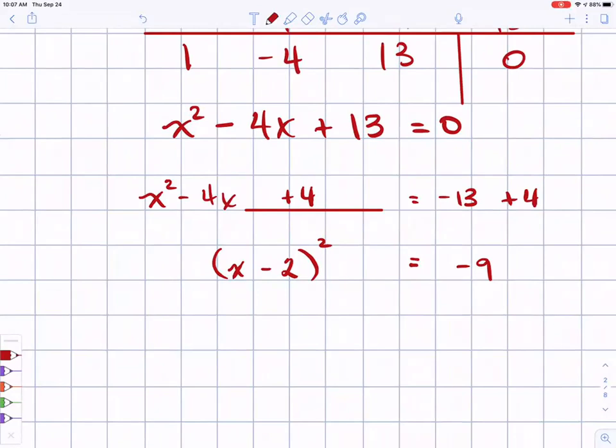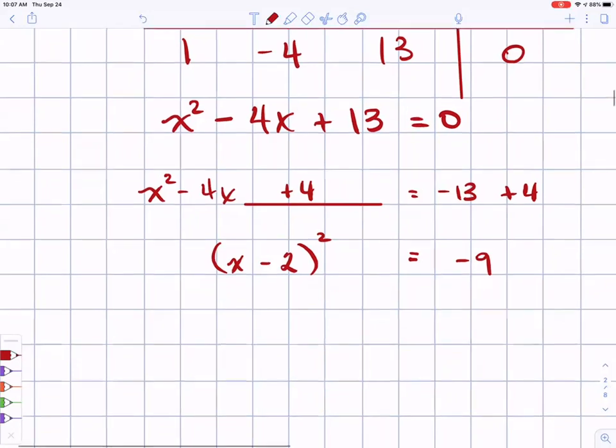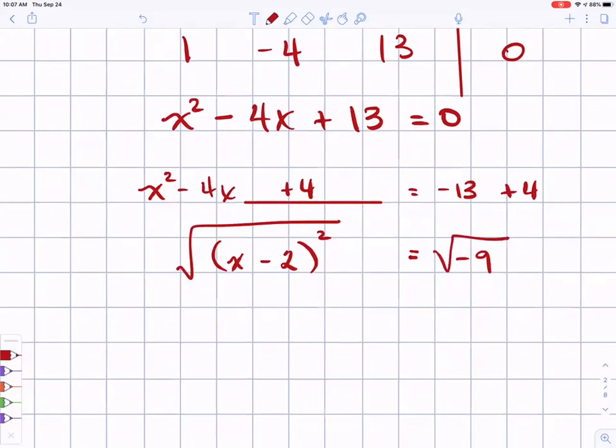All right, so now I'm finished with completing the square. How do I continue? What's the method that I use to continue? The square root method, yep. So let's take the square root of both sides. So that's gonna give me x minus 2 is equal to, what's the square root of negative 9?